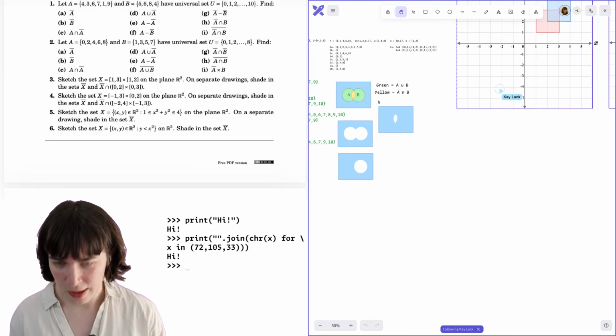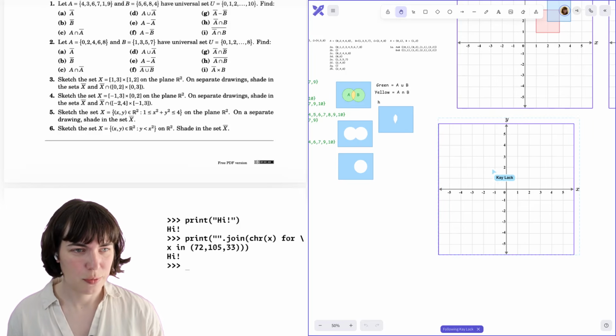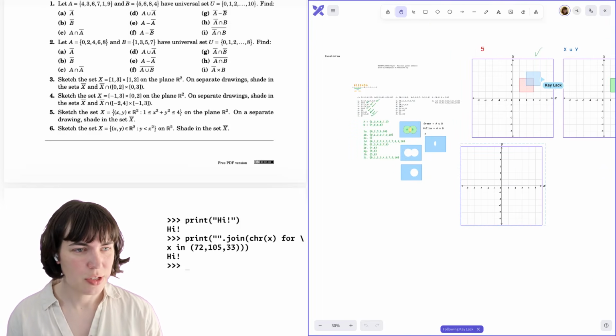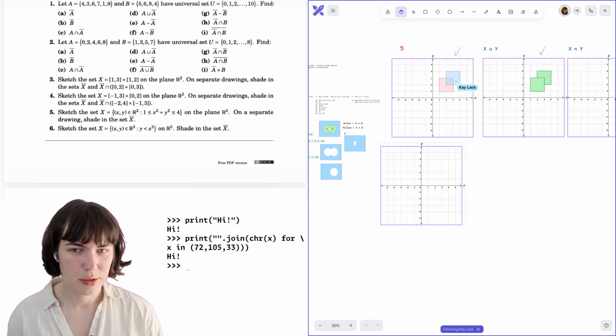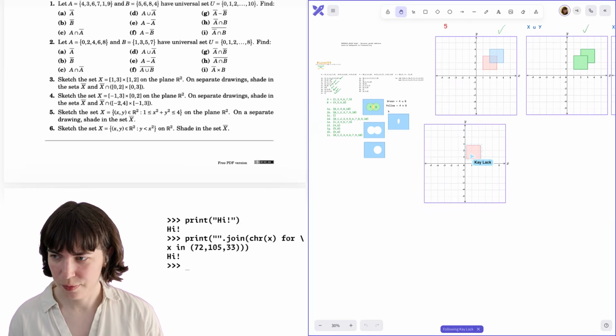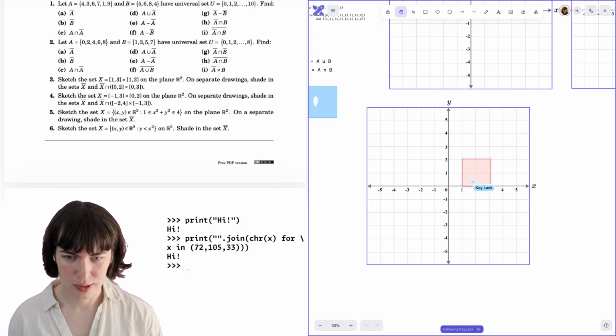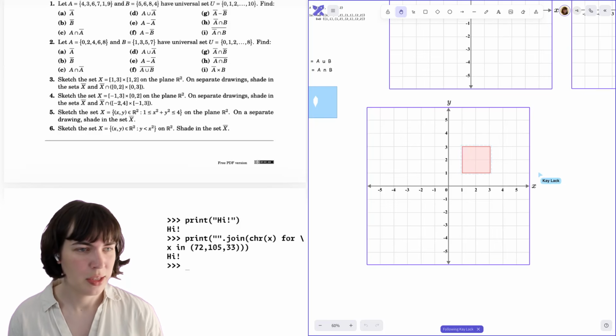Goodish, anyway. All right, let's look at this. So sketch the set x equals 1312. That's this. No, that's this.